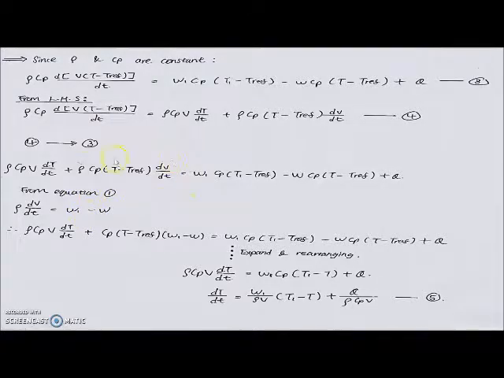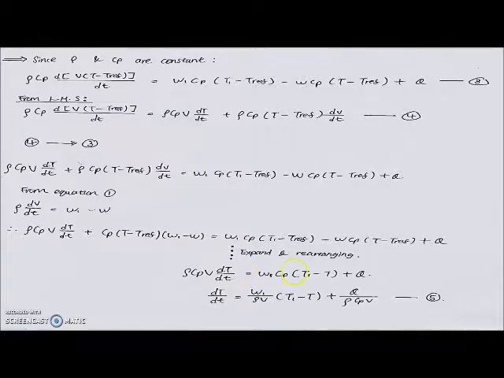So we can replace rho and dV/dt, and I get this equation. So here is the complicated equation. What you need to do from here is expand and rearrange all the variables, and finally you can get an equation like this, exactly the same.